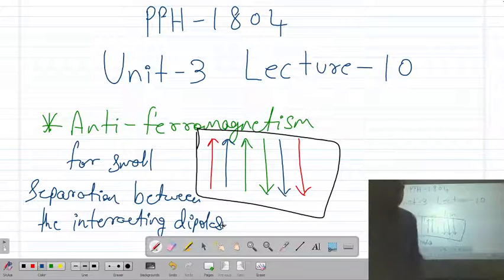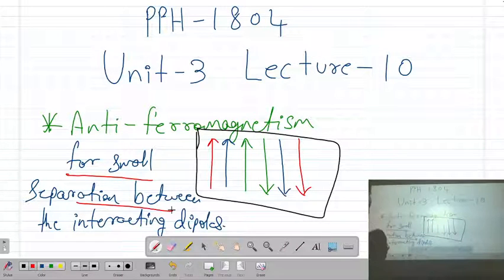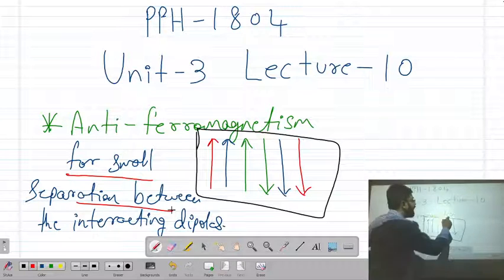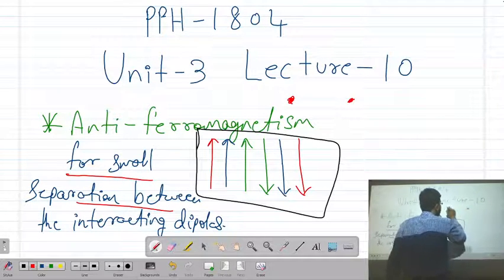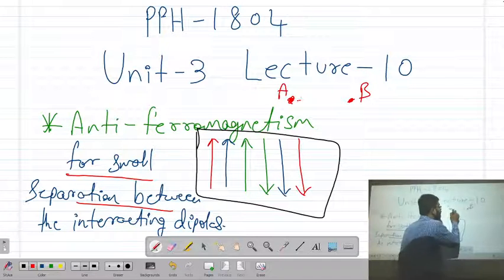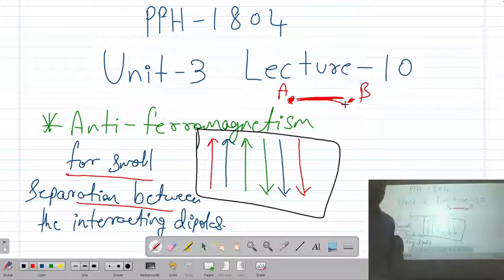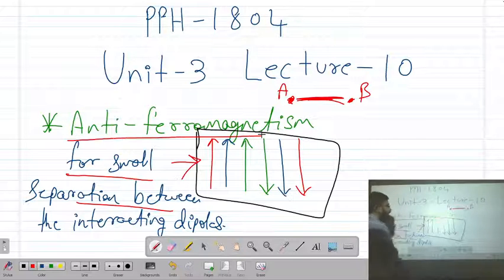So antiferromagnetism results when you have a small distance between the interacting dipoles, meaning the atomic distance. This is atom A and this is atom B. If the atomic distance between these two atoms is small, then you will have this kind of arrangement. You will have antiferromagnetism for small separation between the interacting atomic dipoles, right?